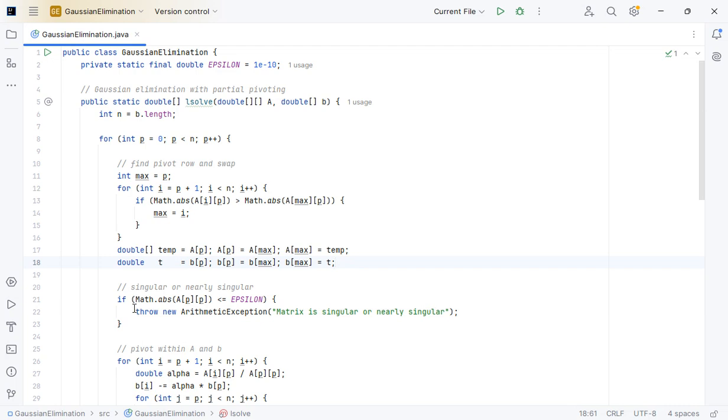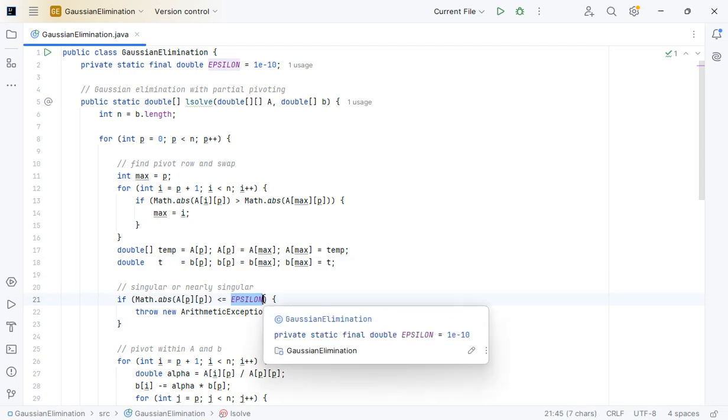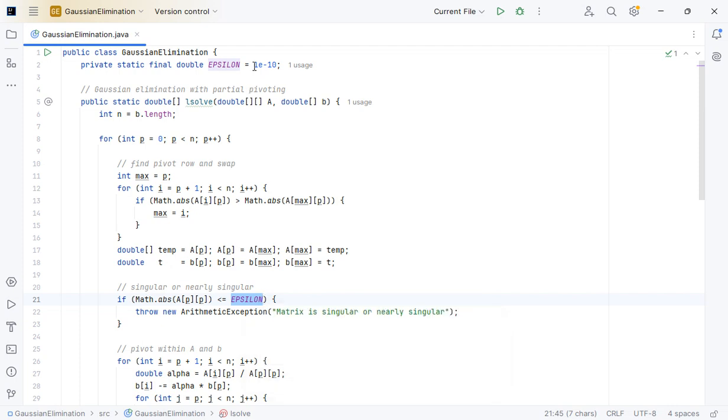If the absolute value of an element is smaller than epsilon, it means you have very small numbers in the matrix which are below this threshold. We have introduced this threshold. If a number is below it, we consider that number almost zero. But with zero we cannot operate, so that's why it is like this. Okay, understandable.